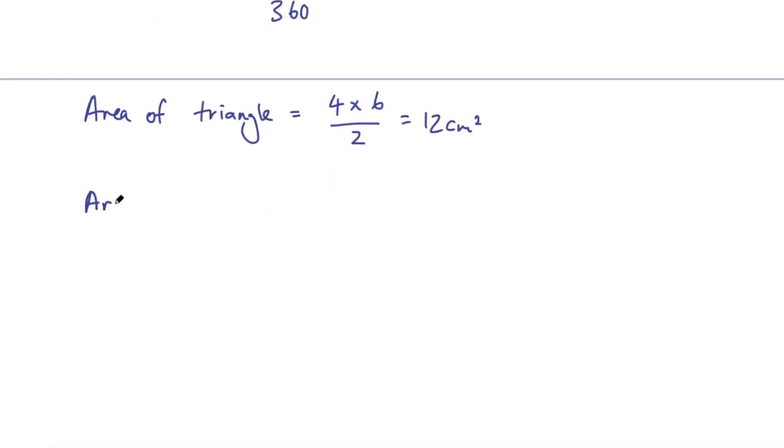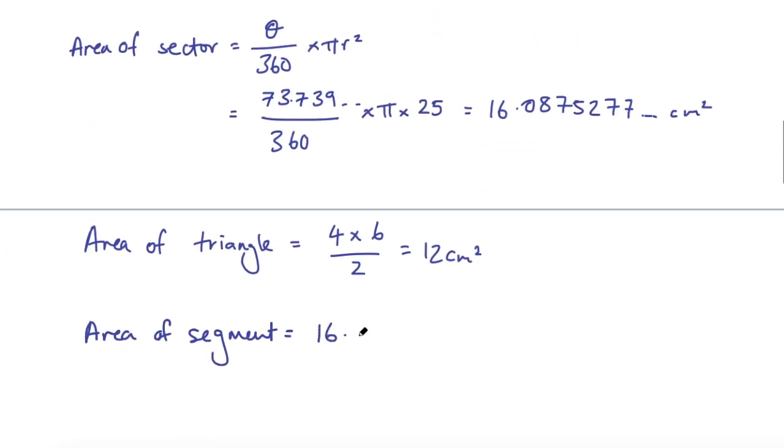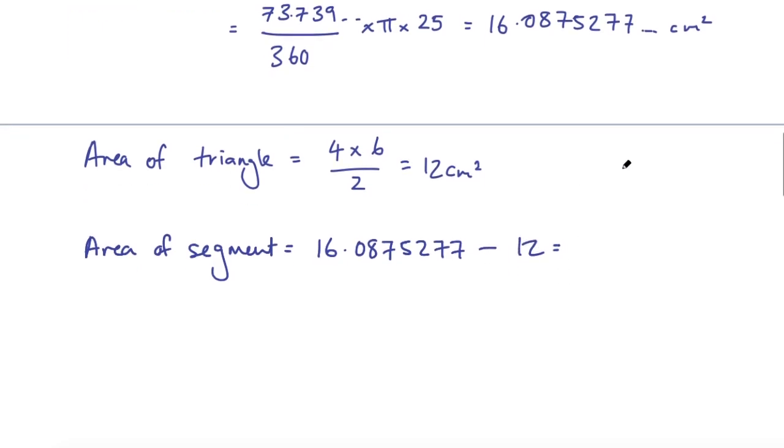So we can subtract those, find the difference. So the area of segment will be the area of the sector, 16.0875277 minus 12, and we get an answer of 4.0875277.